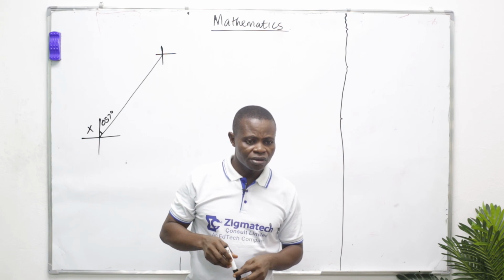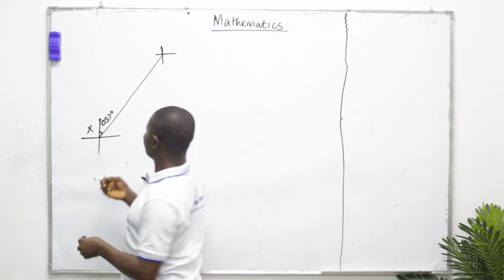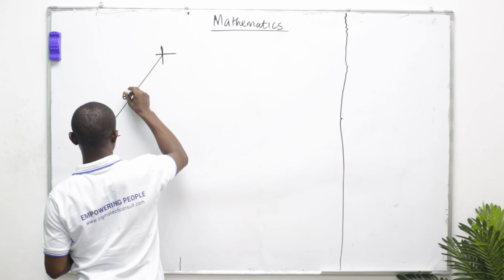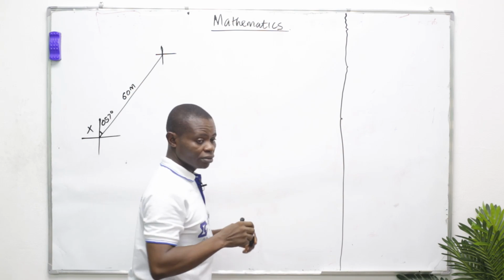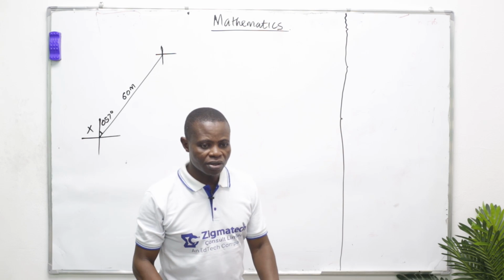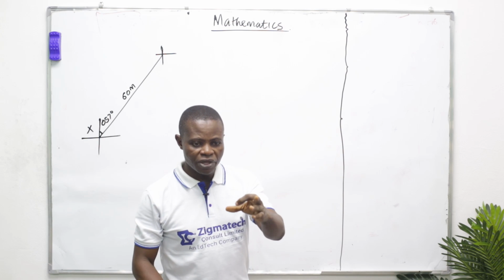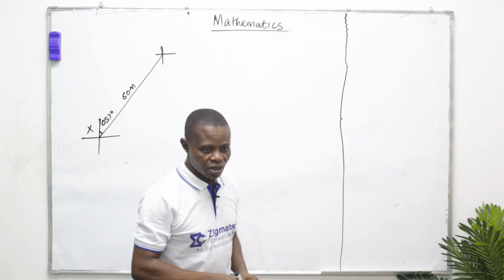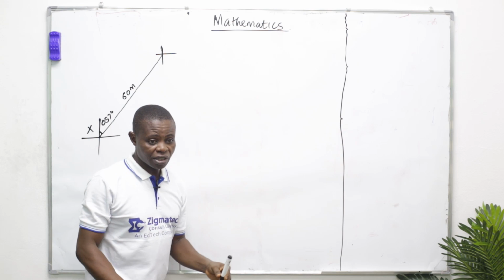Okay, the distance is 60 meters away, and the next one is from the palace P, meaning X is not even the starting point.